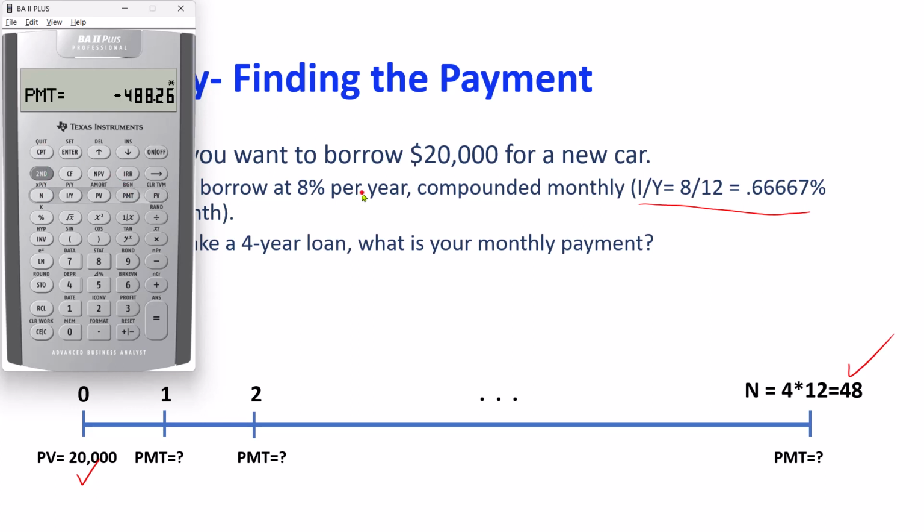So if you borrow this $20,000 and make monthly payments with an annual rate of 8% compounded monthly, you have to pay $448.26 each month.